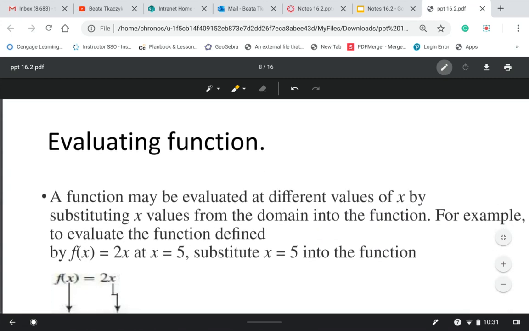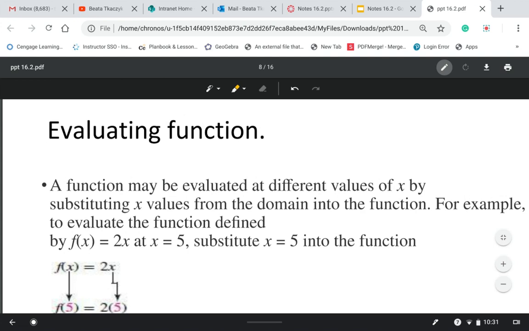So next, we're going to talk about evaluating functions, which technically means finding the y coordinate for each input. It means finding the y value, which means output, for a specific x value, which is input.